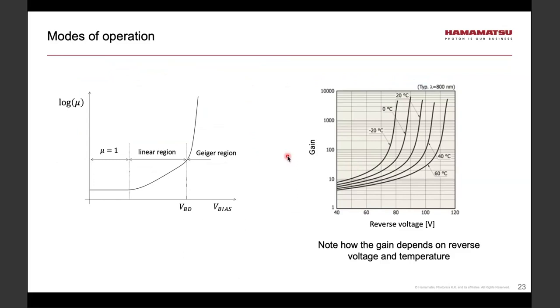Another important point about the gain of an APD is that it has quite sensitive behavior when it comes to temperature. Looking on the right-hand side of this slide, we see the gain as a function of reverse voltage. Please note that for a given reverse voltage, if I change temperature, the gain changes quite appreciably.